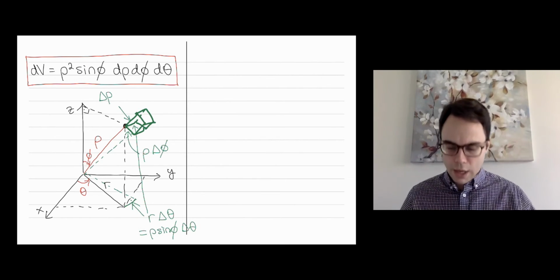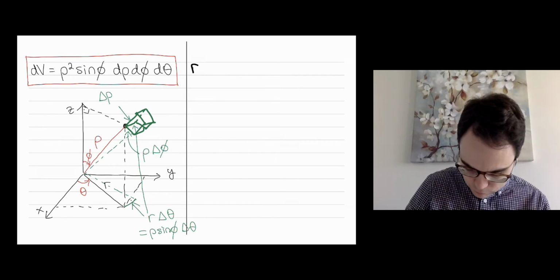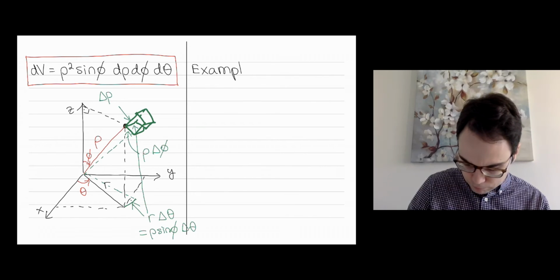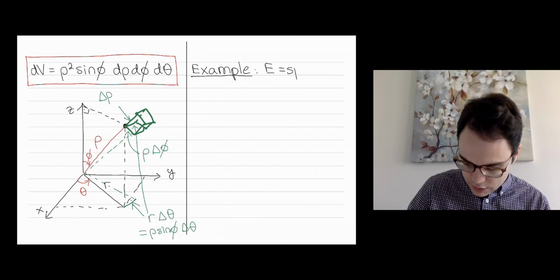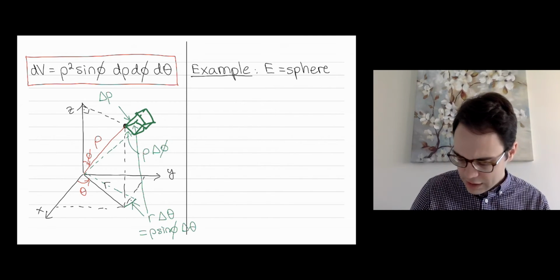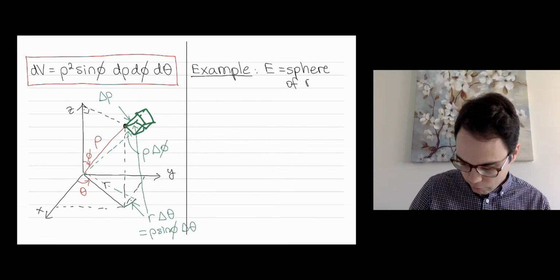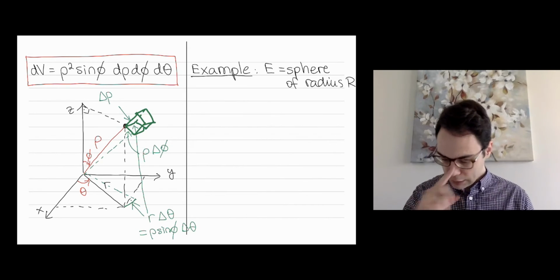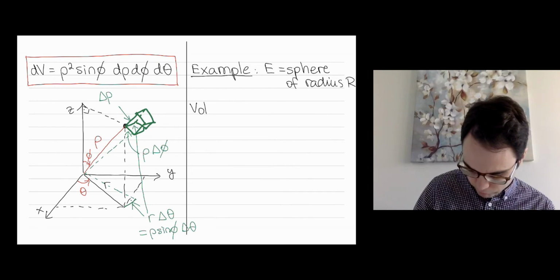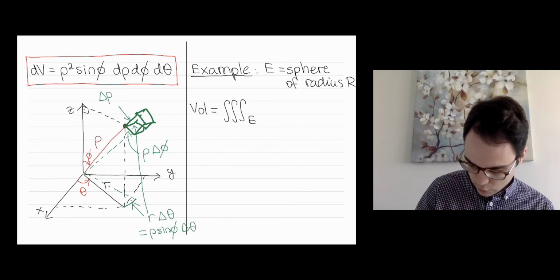I'd like to show you how this works in practice. So here's going to be the example. The region E is just going to be a sphere of radius capital R. Let's compute the volume of this sphere. So that's going to be the triple integral over E of 1 times dV.